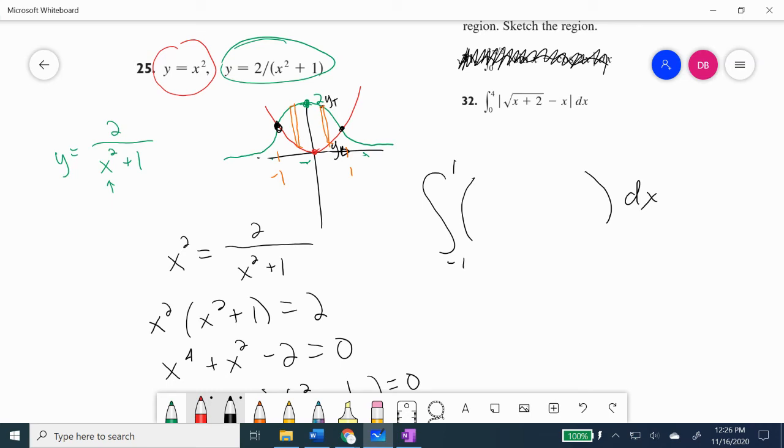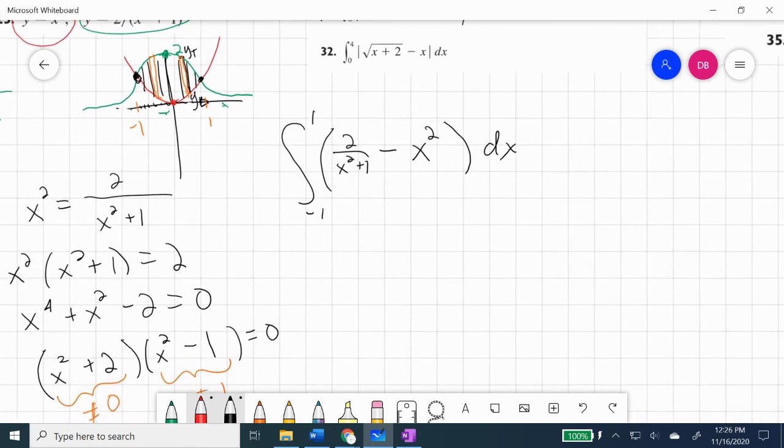And now all I have left is to get into the specifics of the equations to find this length based on which x I am located at as I go from -1 to 1. So the y top is 2 over x squared plus 1 minus the y bottom, which is x squared. Now all I have to do is integrate.